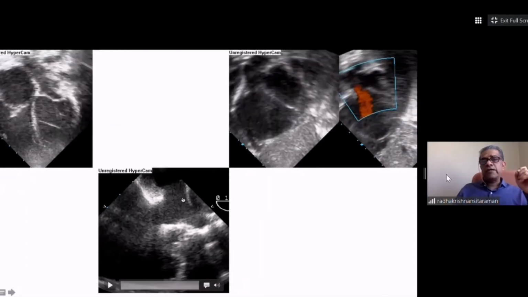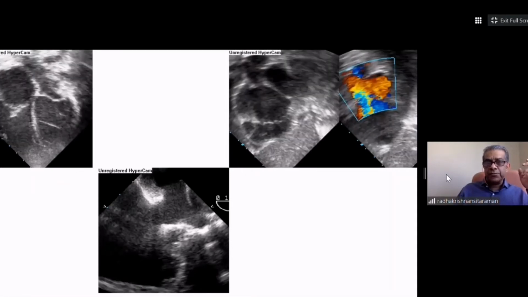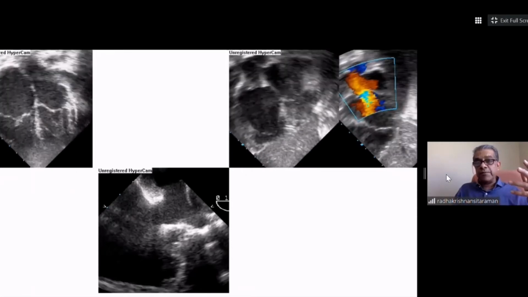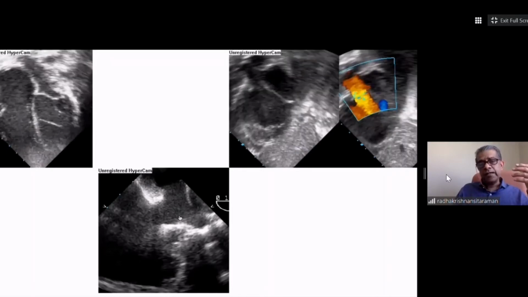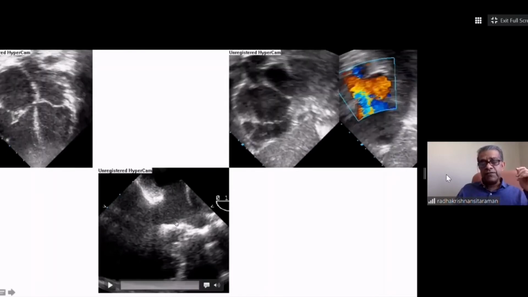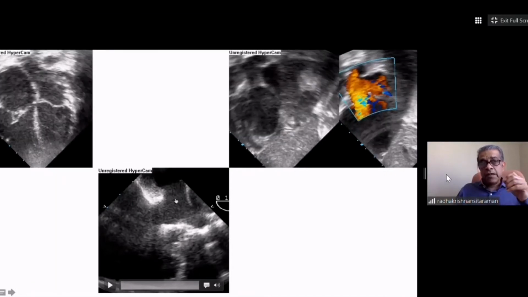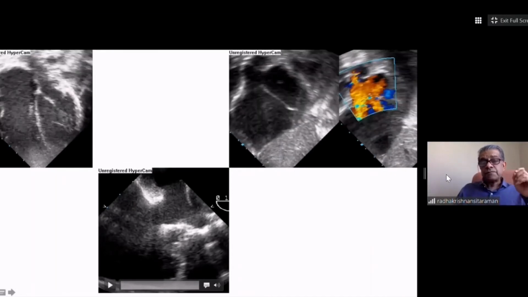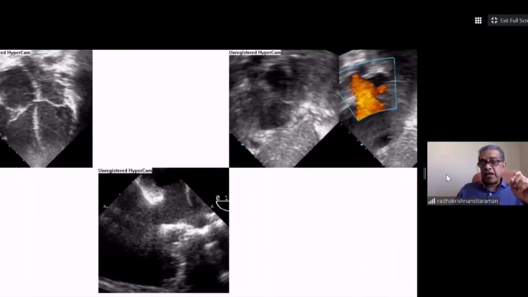Many times what happens is the defect is extremely anterior and superior, and you can actually miss it even with a good subxiphoid window. The example of this is the one which I pointed out in the bottom picture. It has also been known that sometimes even the surgeons can miss it if they are a bit casual about it.